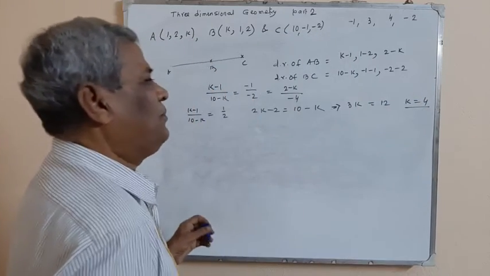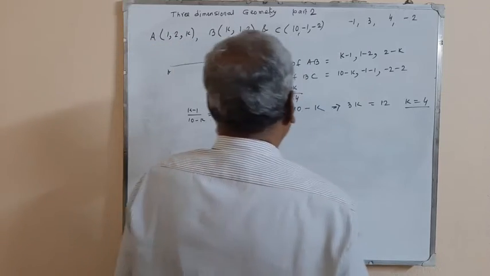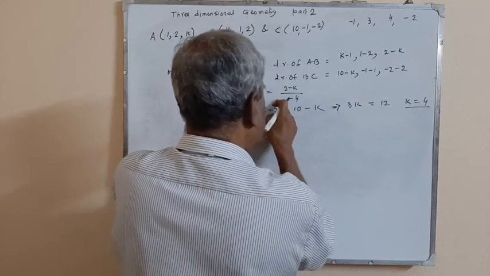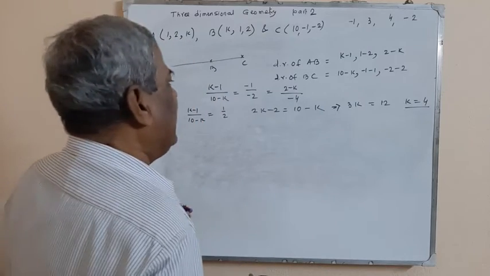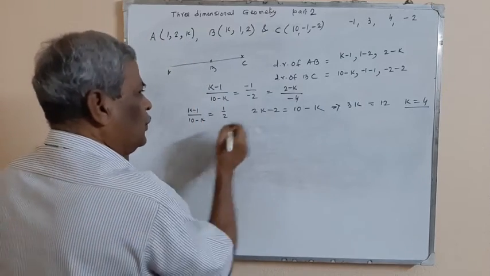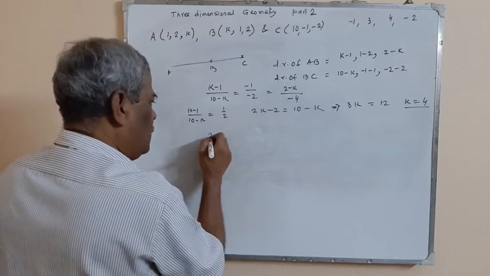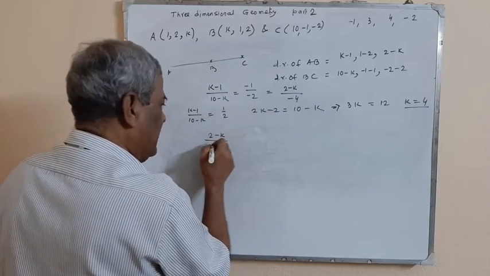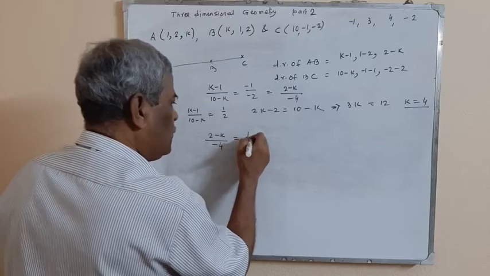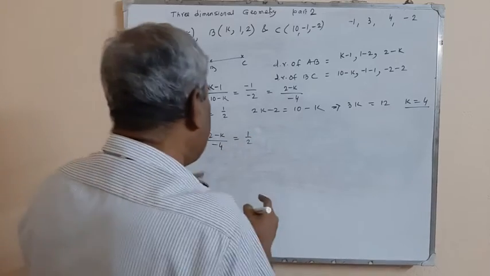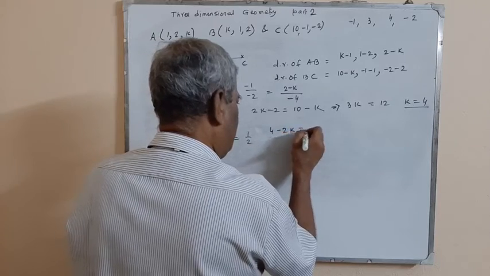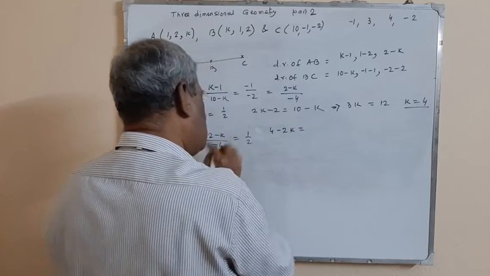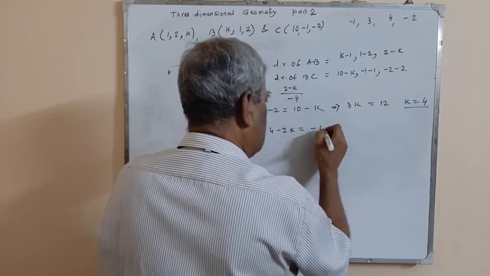Now let us see whether k is equal to 4 satisfies this relation also. So comparing the second and third ratio, we must get 2 minus k by minus 4 is equal to half. By the same approach, 4 minus 2k is equal to minus 4.